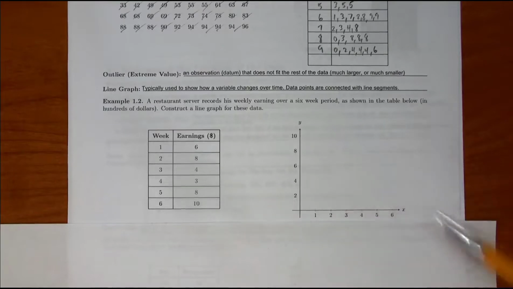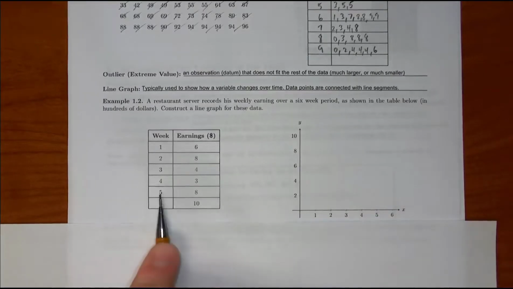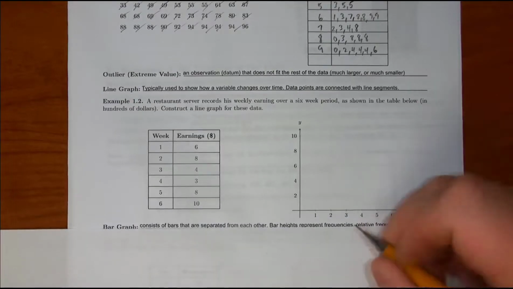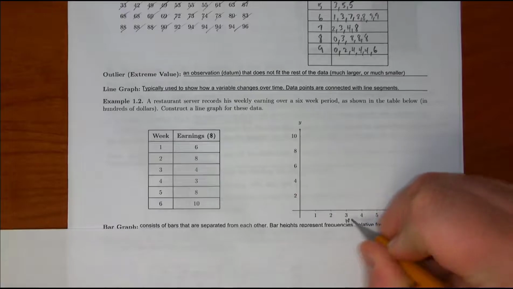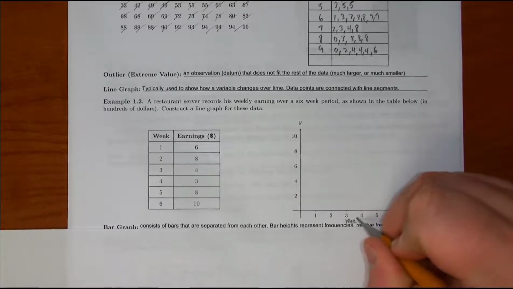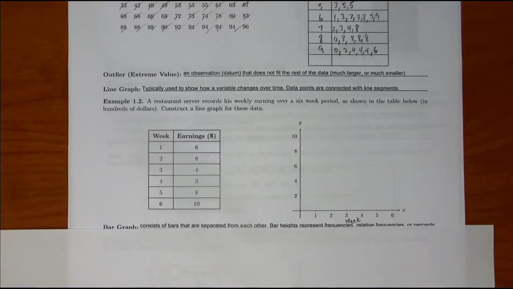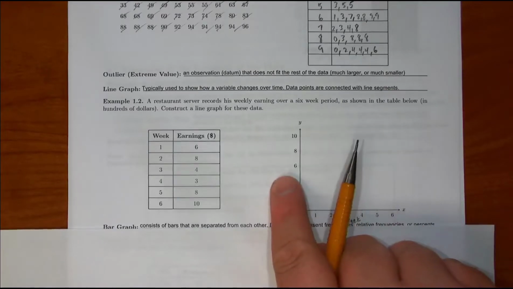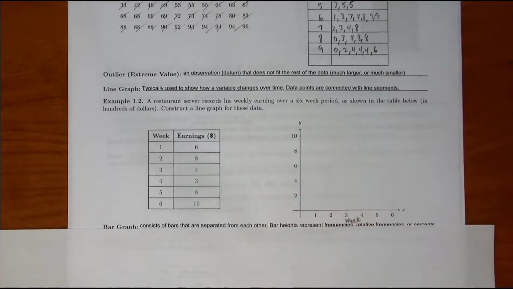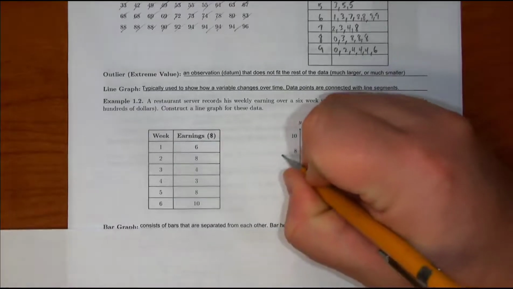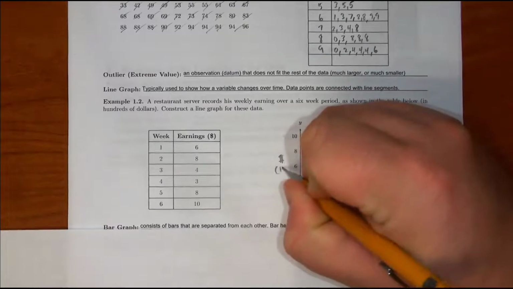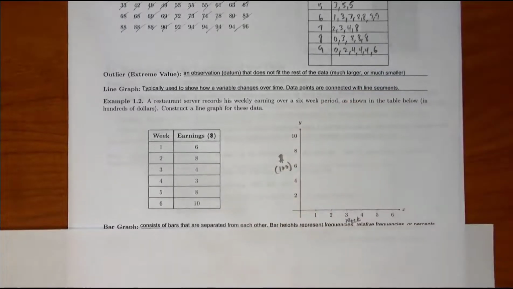To make a line graph, we just treat these like the x values. So I would label this axis down here the week, 1, 2, 3, 4, 5, 6. And then here, this would be dollars, measured in hundreds of dollars, something like that.